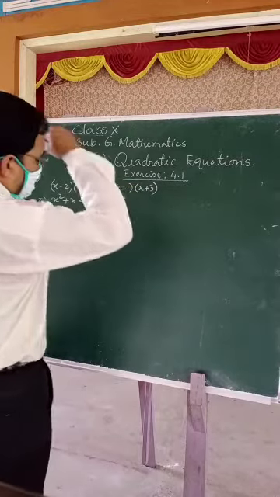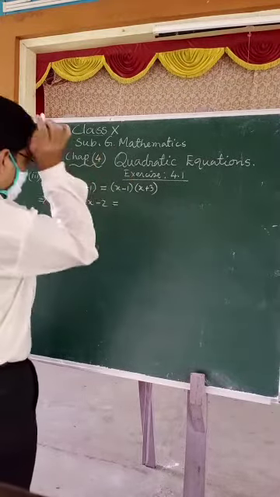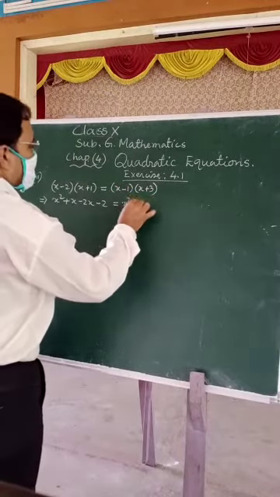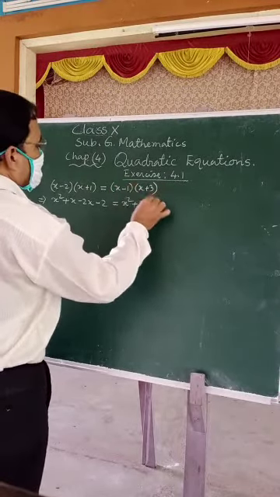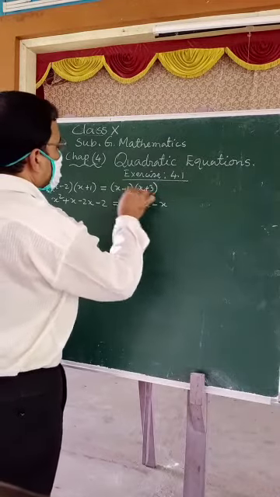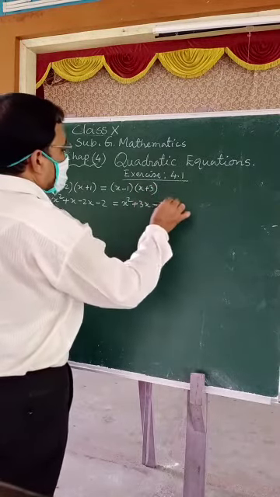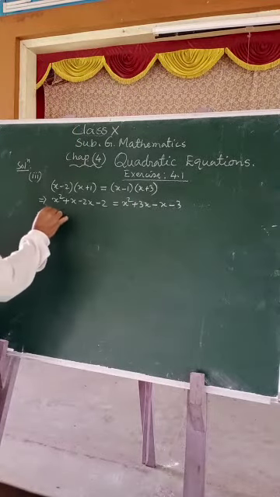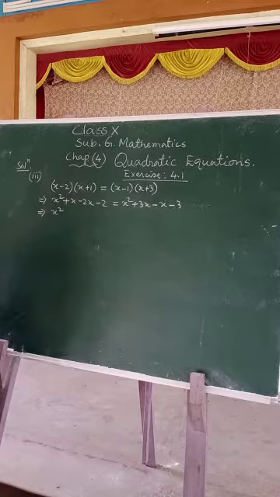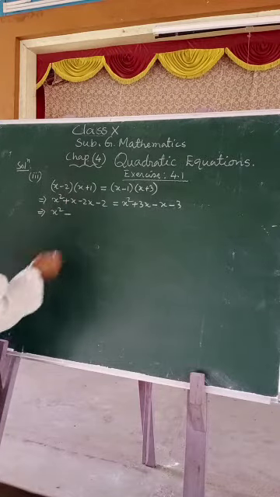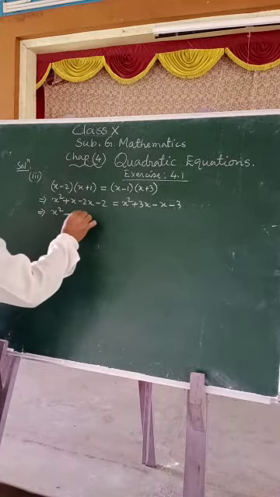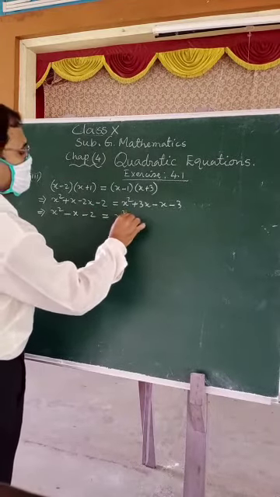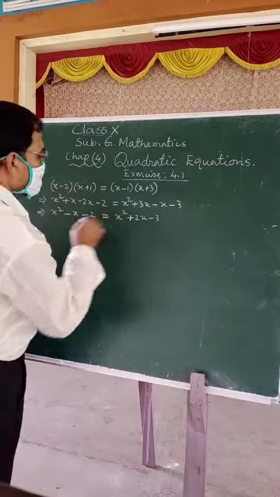Now multiply x minus 1 by x plus 3. So x into x is x square, x into 3 is plus 3x, minus 1 into x is minus x, minus 1 into 3 is minus 3. So you can write x square plus 2x minus 3. These are similar terms. So we have x square minus x minus 2 equal to x square plus 2x minus 3.